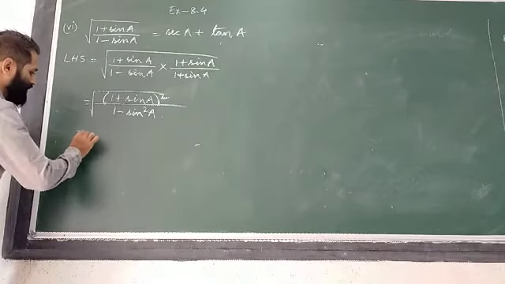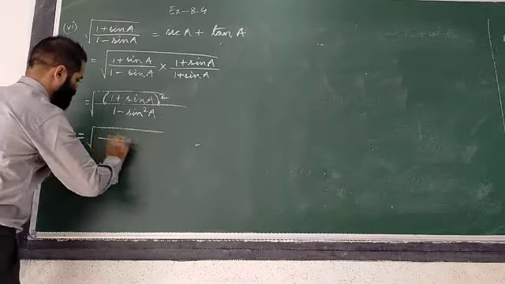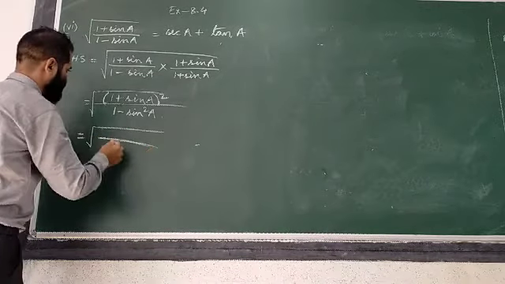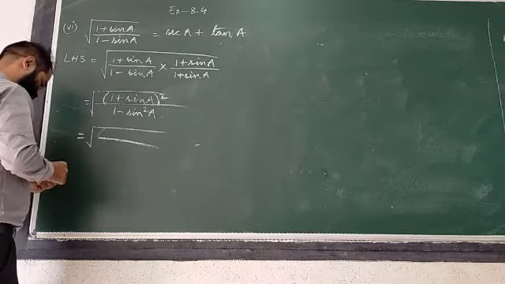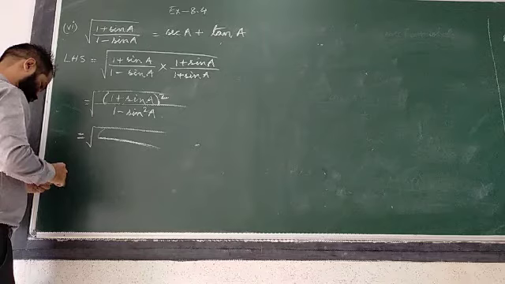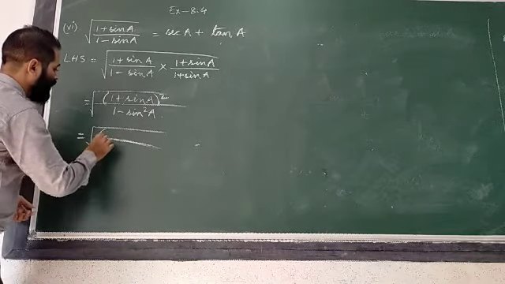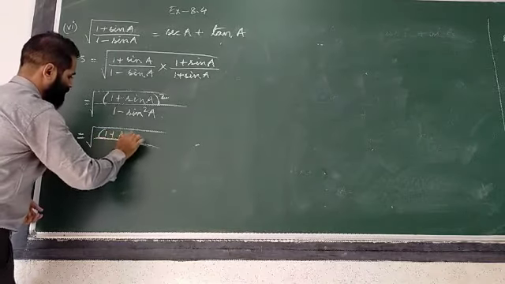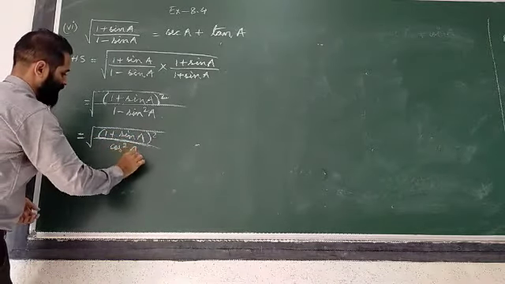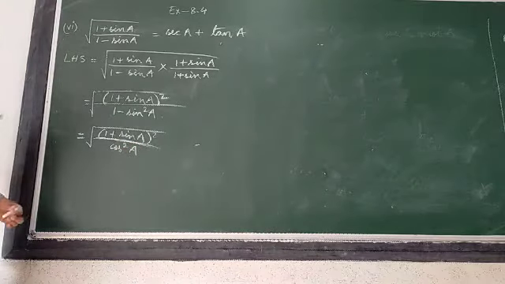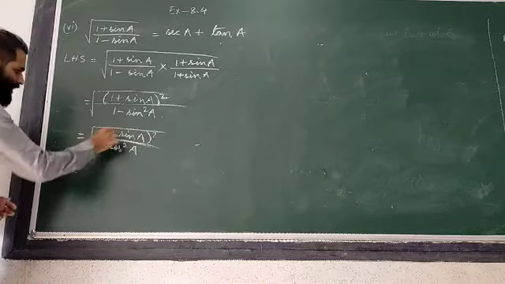So this can be written as root over (1 plus sin A) whole square and this is cos square A. Now this is a square.